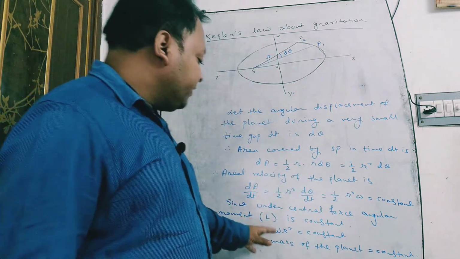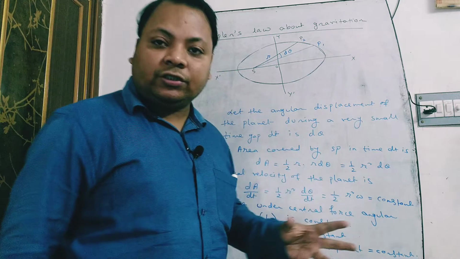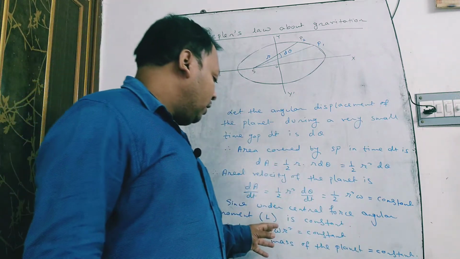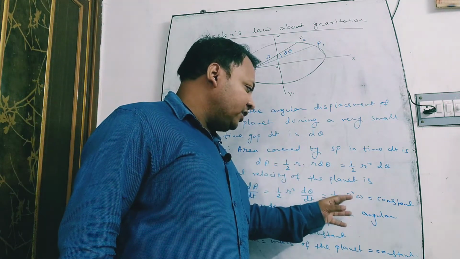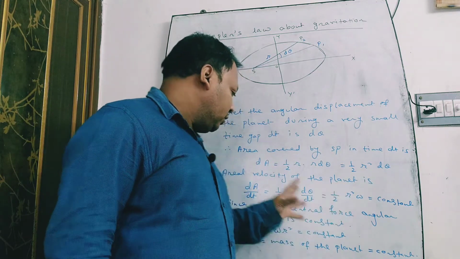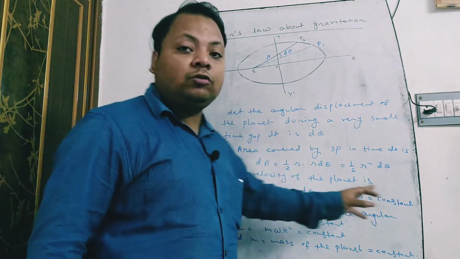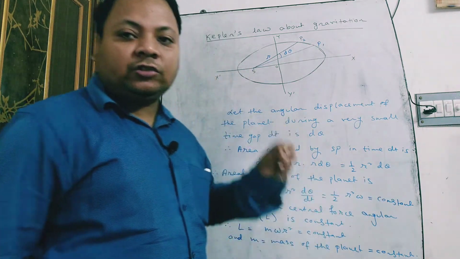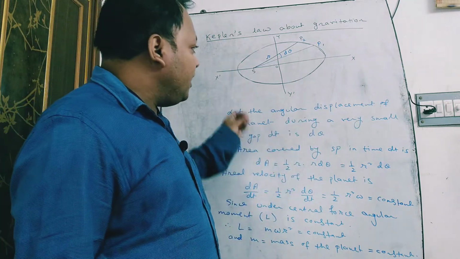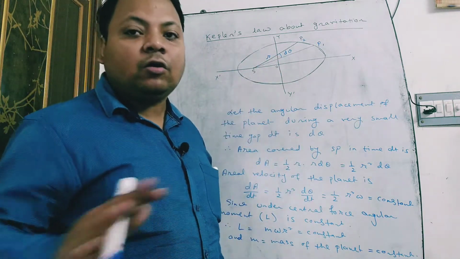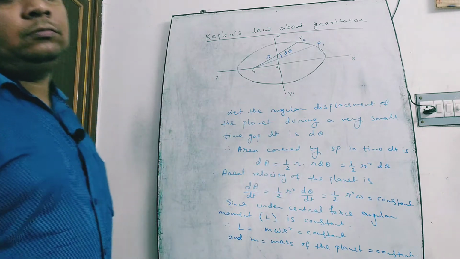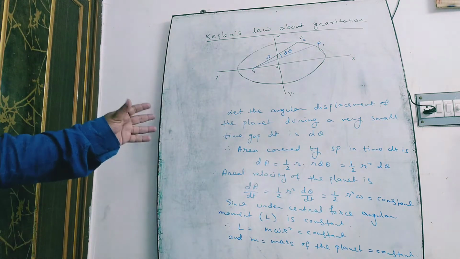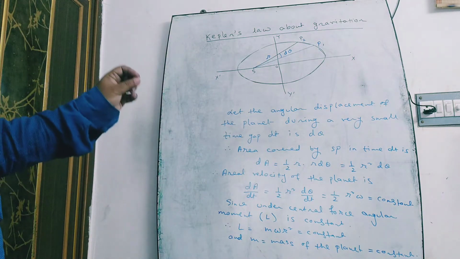Here m, the mass of the planet, is also constant. That's why ωr² is constant. Therefore dA/dt is also constant. That's why you can say that the areal velocity of the planet is constant. This proves Kepler's second law of planetary motion.